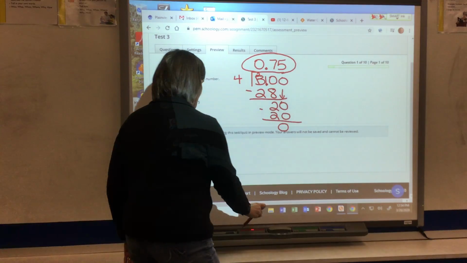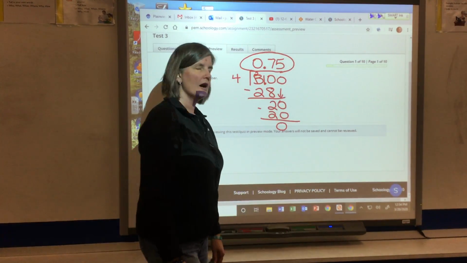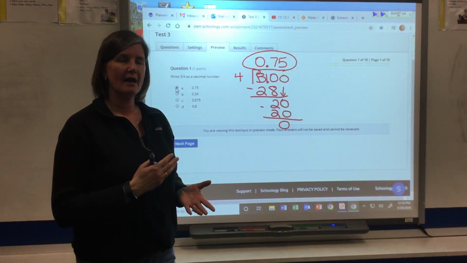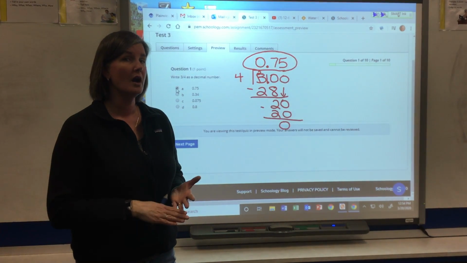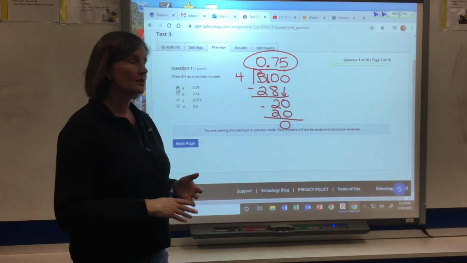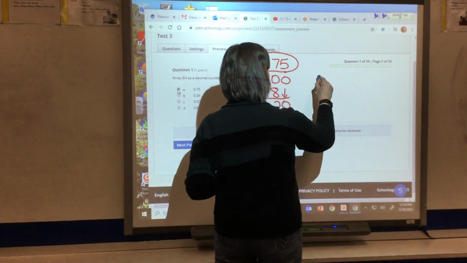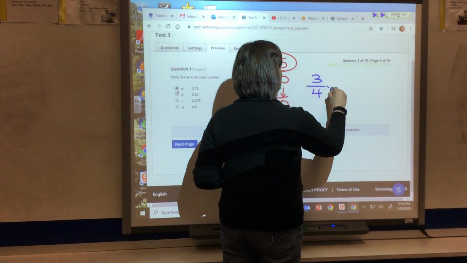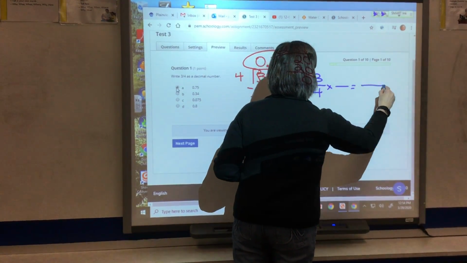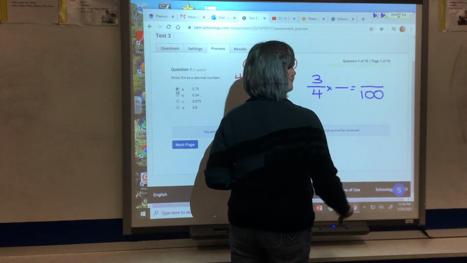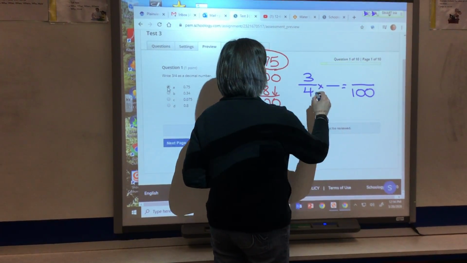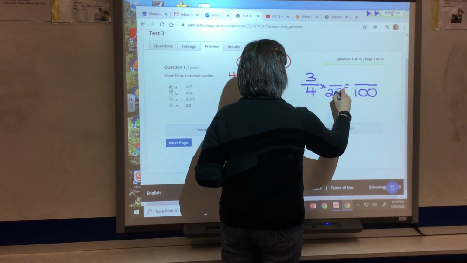Now I'm going to talk about one more way to do this. Oftentimes, if you can make your denominator have either 10 or 100 on the bottom, you can solve this also. So if our fraction is 3/4, what could we multiply by to get 100 on the bottom? 25. 4 times 25 equals 100.